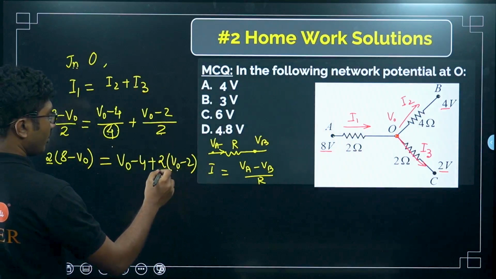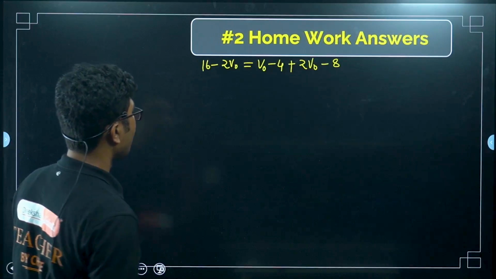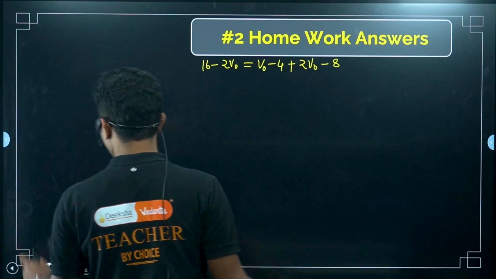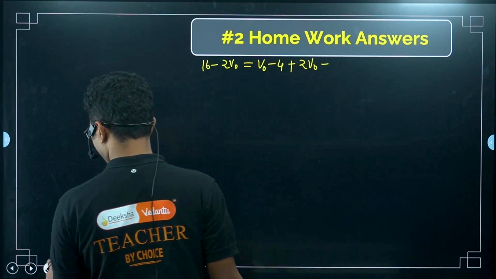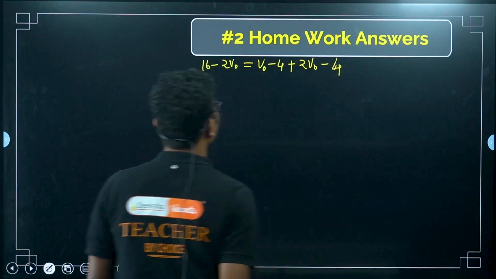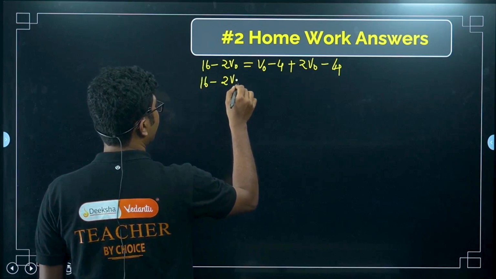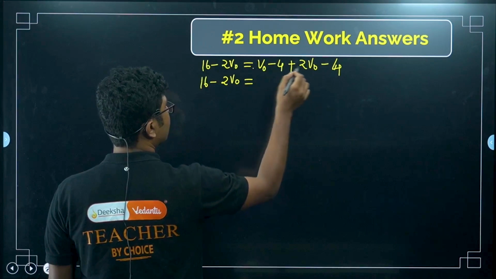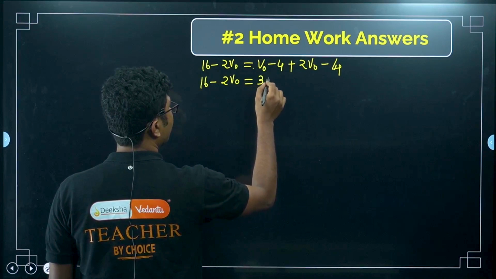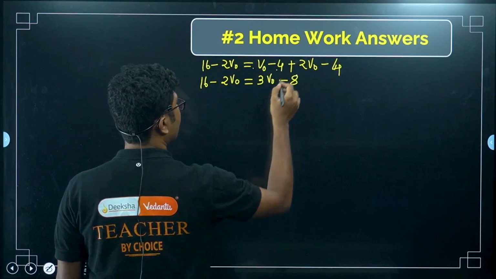So 2 VO minus 4. Okay, now simplify. 16 minus 2 VO equals to VO plus 2 VO, that is 3 VO minus 4 minus 8.